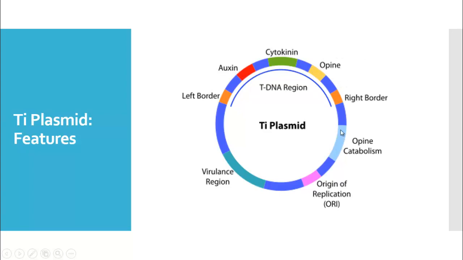The Ti plasmid also has an opine catabolism region where the opine produced from the T region can be metabolized using the enzymes produced from the opine catabolism region. And it also has a virulence region that is responsible for transferring the T-DNA into the plant genome.